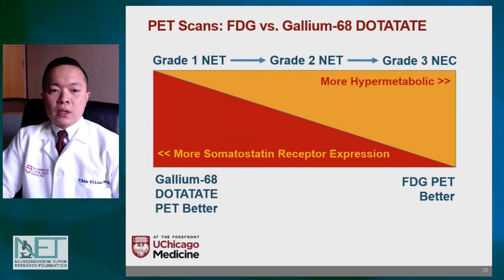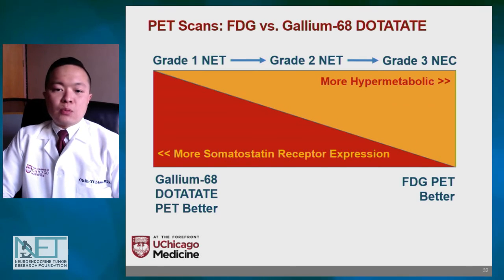In general, the grade 1 neuroendocrine tumors tend to express somatostatin receptors, and they tend not to be very hypermetabolic. As you move towards the right of the spectrum, towards the grade 3 neuroendocrine carcinomas, these tumors tend to be very hypermetabolic, but they tend not to express somatostatin receptors.